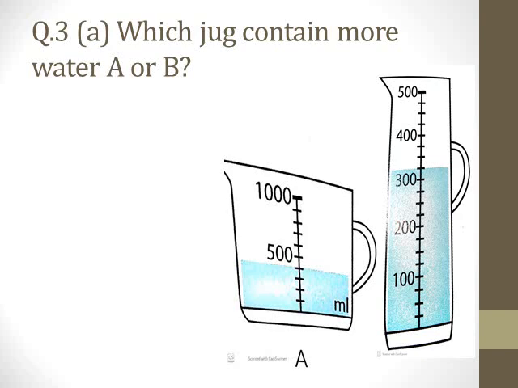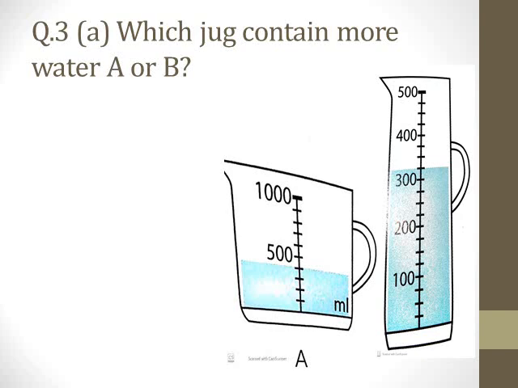First I will look at jug A, which has two readings: the first one is 500 and the second one is 1000, and there are small black short lines. I will call these short lines intervals. So I will count after how many intervals there is the reading 500.